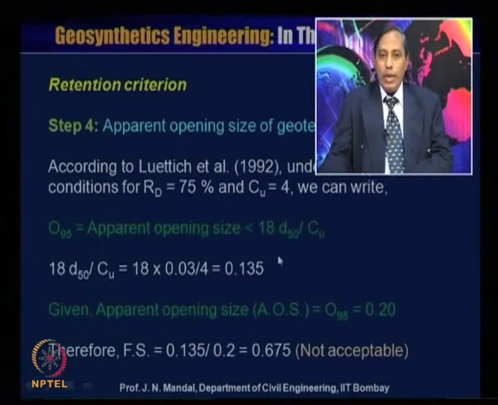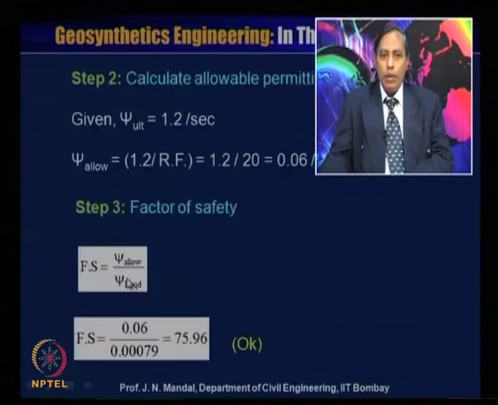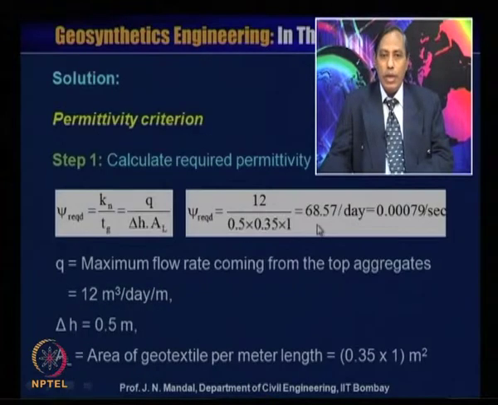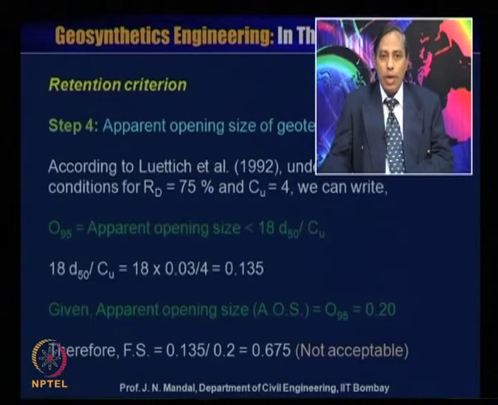So, what is 18 d50 by Cu? d50 is given, this is 0.03 millimeter, and Cu is equal to 4. Substituting these values, we can write 18 into 0.03 divided by 4, which is 0.135.